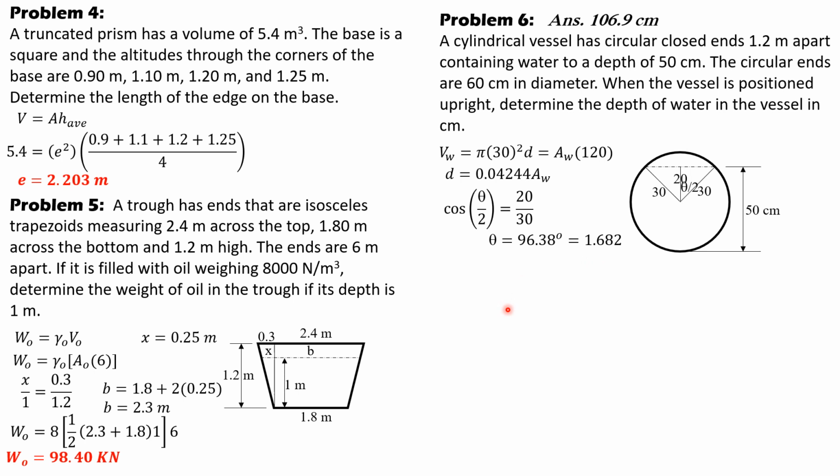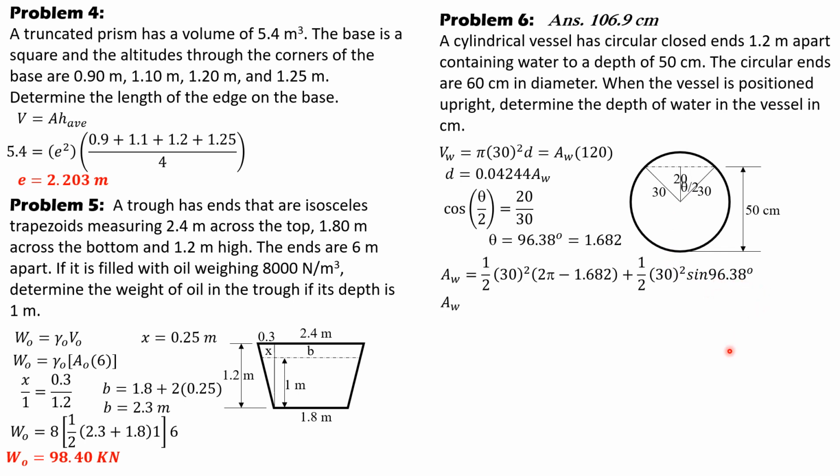So the area of the water surface is the area of the sector, which is 1/2 radius squared, 30 squared, times angle 2 pi minus 1.682, plus the area of the triangle, 1/2 times 30 squared times sine of theta, which is 96.38 degrees.